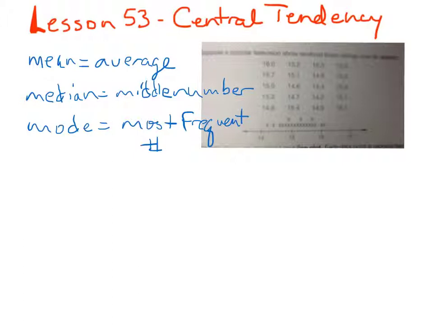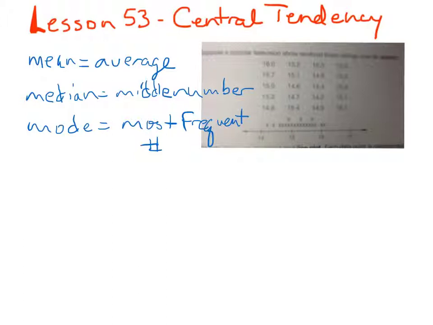All right, so first of all, to work with measures of central tendency, we need a lot of data. And so here we've got that data that you see in your book there on page 361. And down below they've put it into a line plot, so you can see that in your books maybe a little bit more clearly. The first number up here is 16, so down here on the number line they put an X at 16, next is 15.2.